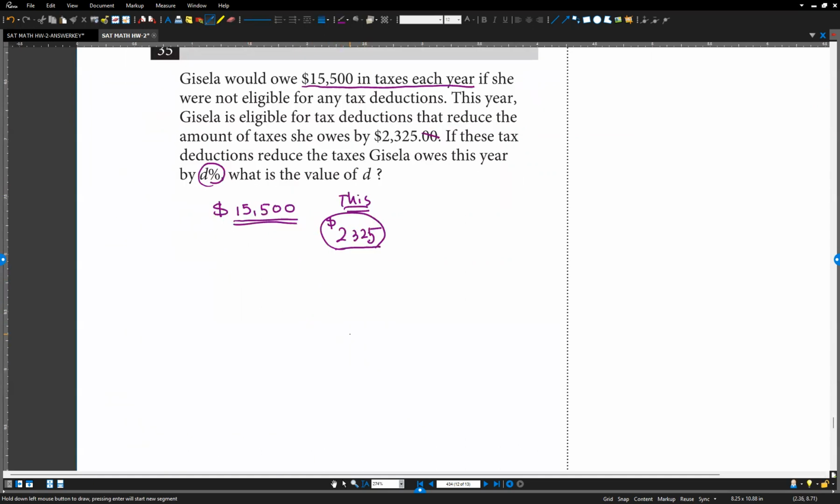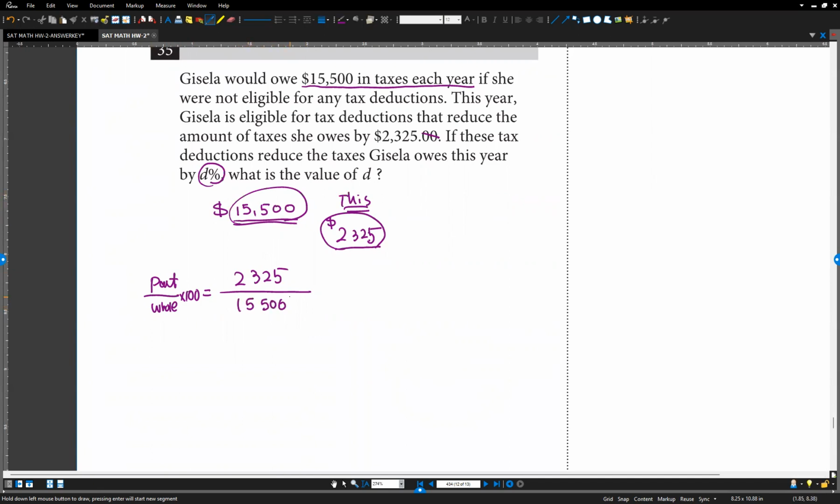What is that percent amount? You're going to check it out. Percent is the part, 23.25, over the whole, and times 100. The part is this amount, 23.25. This is what percent of this amount, 15,500?